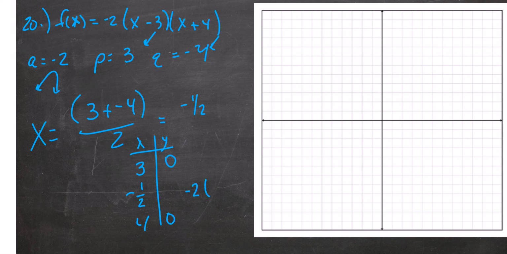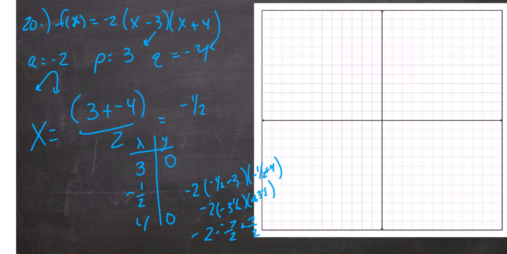Now I'm going to do -2 times -1/2 minus 3, and then -1/2 plus 4. So I get -2 times -3.5, and that was +3.5 for the second set of parentheses.